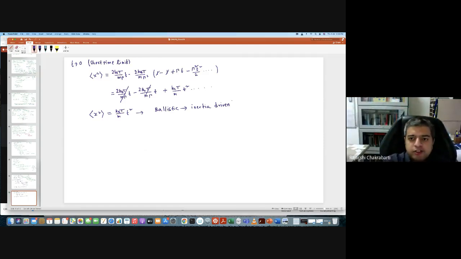So if I plot your x square average, how is it going to look? If I do a log plot, for example, initially you'll have a slope like this. This is t square. Is that fine with all of you?